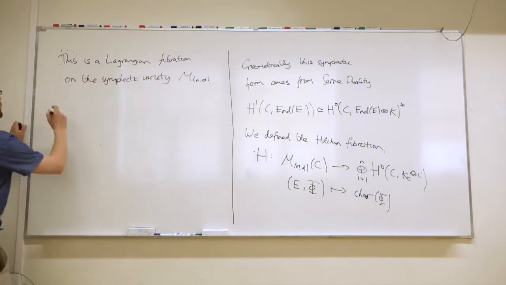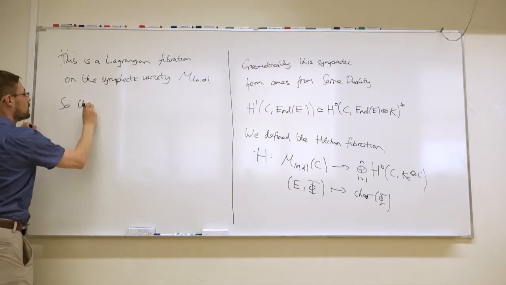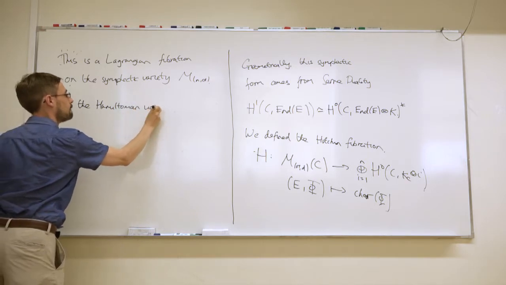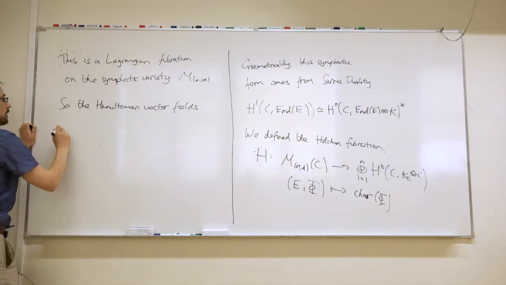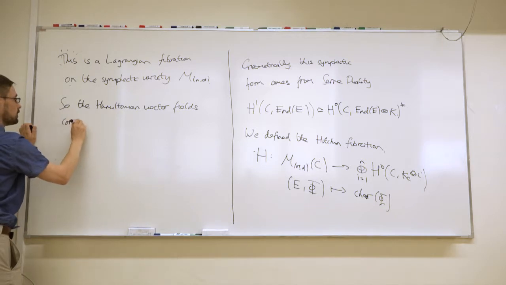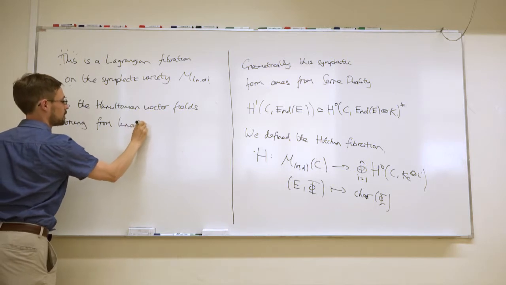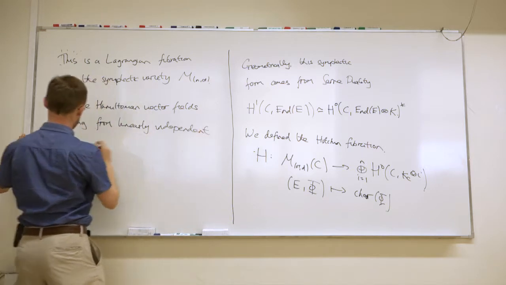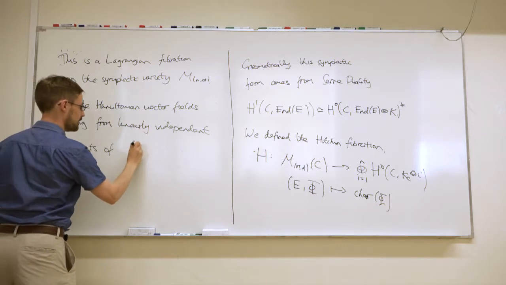You get Hamiltonian vector fields coming from linearly independent elements of the dual vector space.